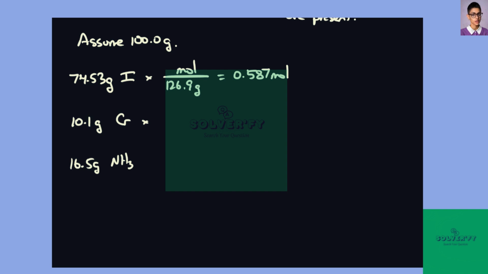For chromium, dividing by 52.0 grams per mole, it's 0.194. And for ammonia, 17 grams per mole for the molar mass of ammonia, 0.971.